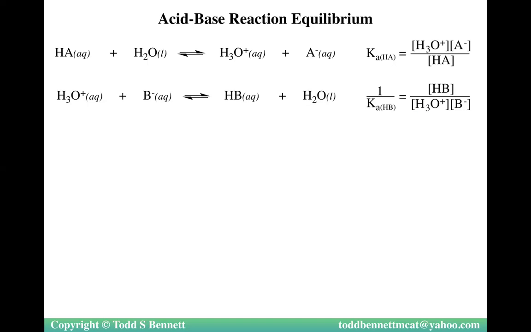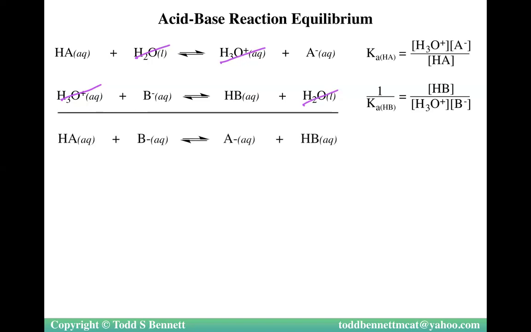I did that because I want to see what's going to happen when HA reacts with B minus. And from the looks of things, it'll generate HB and A minus. If I look at this right, the H3O plus and the water are going to cancel. So you're going to end up with just the HA reacting with B minus and A minus formed along with HB.